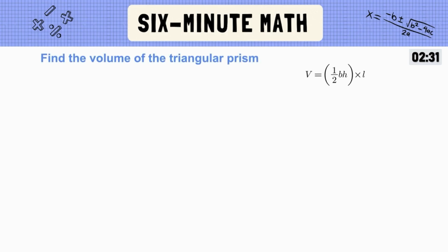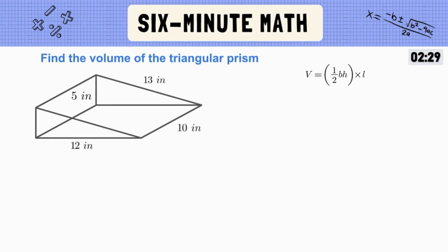So our total volume is 72 meters cubed. Let's check out another example here. We're going to find the volume of this triangular prism. We figure out that triangle first. We have a base of 12, a height of 5, and the length of that triangular prism is 10. So let's put those into my formula.